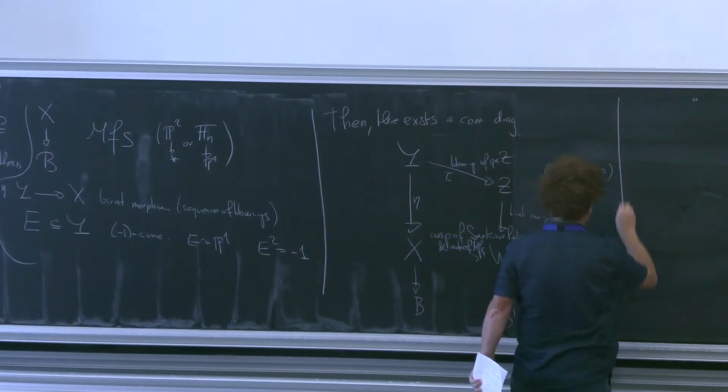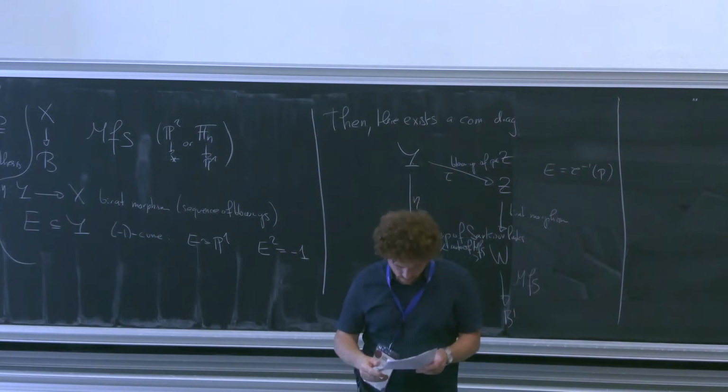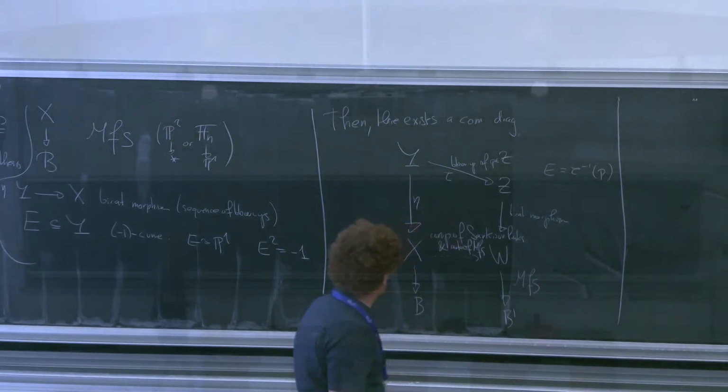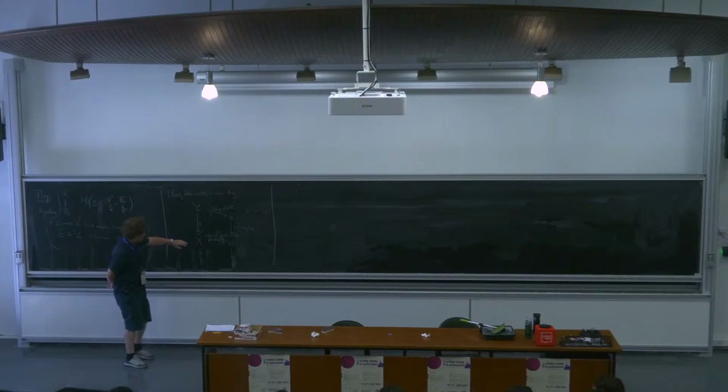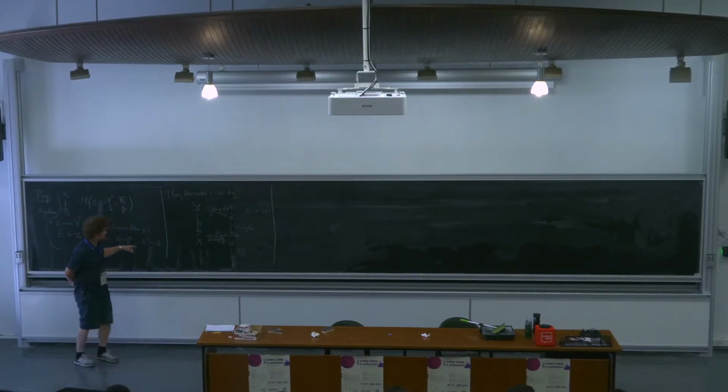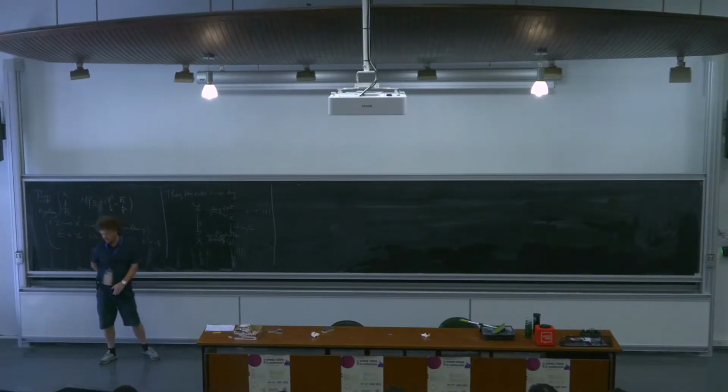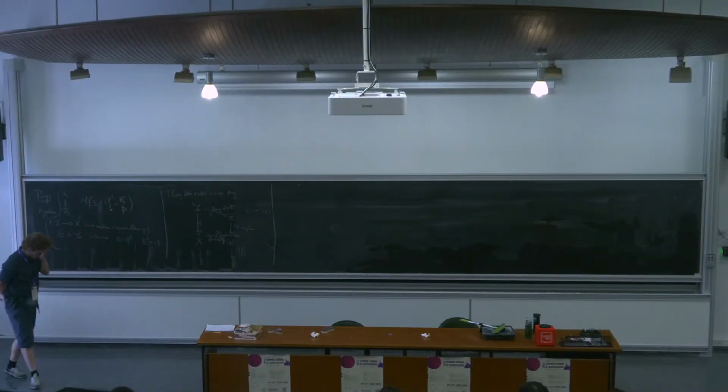We will prove it. It will probably take almost the whole hour. And then, as a consequence, we will get the theorem after just a few lines. But also more things. For example, if I have a -1 curve, I can contract it: the Castelnuovo criterion for rational surfaces. I can prove it like this.